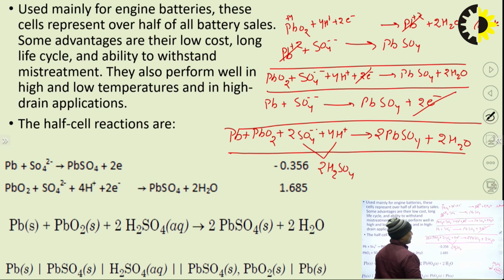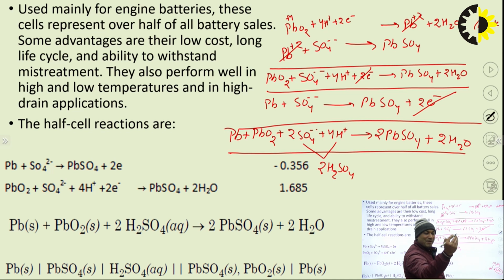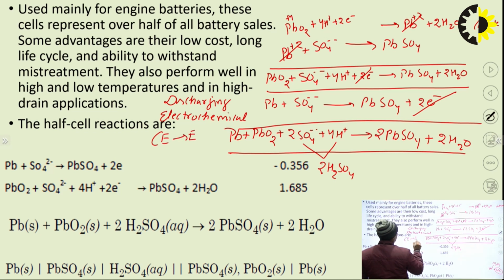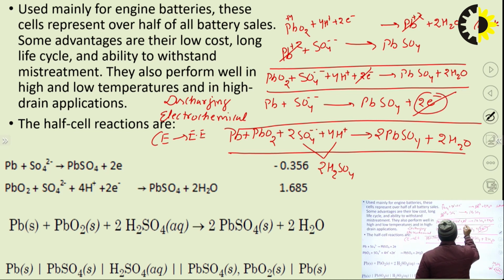I can write it as 2H2SO4 also. So when the battery is in operation mode, meaning the battery is being discharged, it is behaving just like an electrochemical cell, where chemical energy is converted into electrical energy, and we are getting the electrical energy from these two electrons.